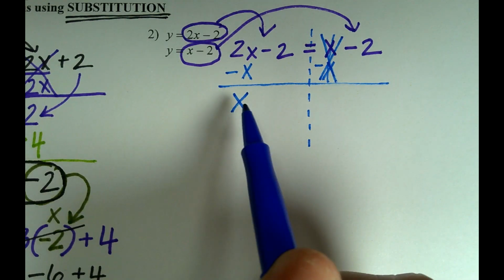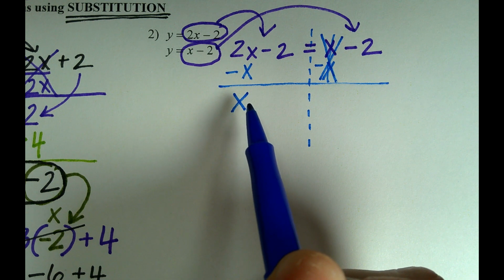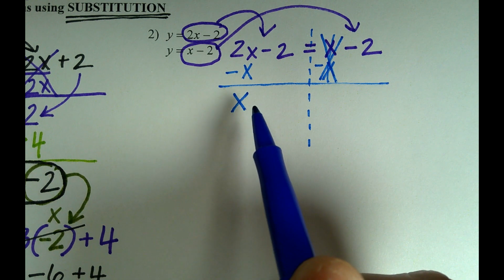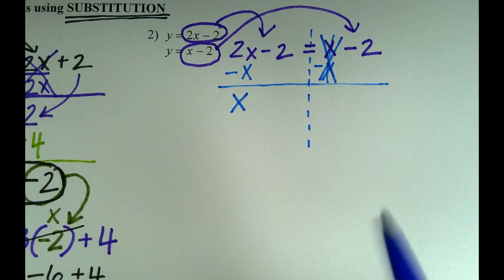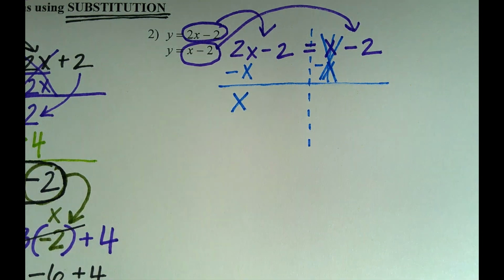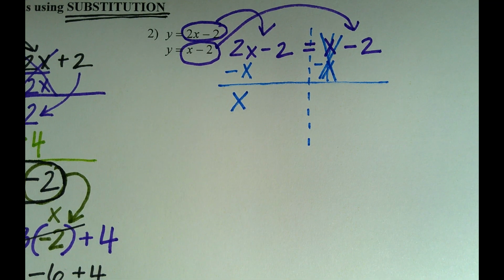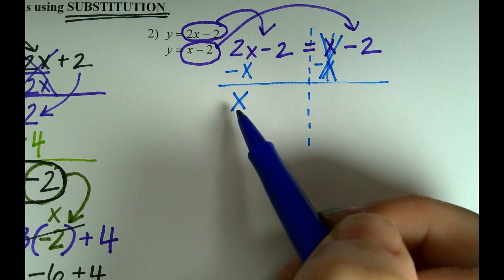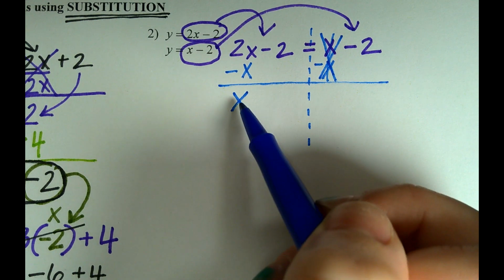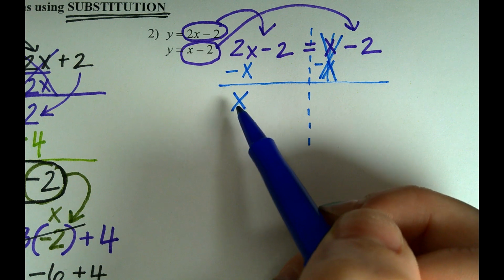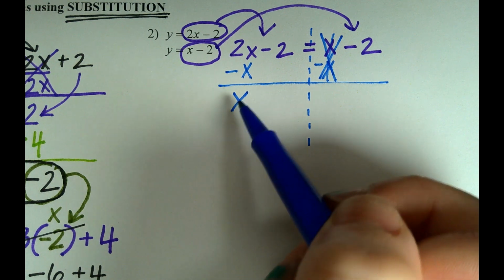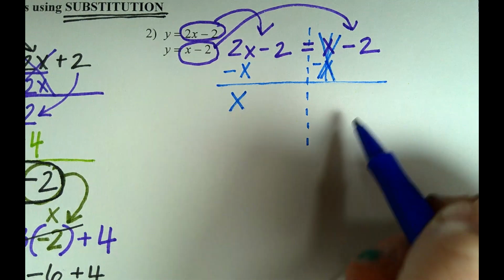Is anybody confused about why I just wrote x and I didn't write 1x? Anytime that there is a variable like x and there's no number in front of it, that number is always assumed to be 1. Because if I'm looking here, I can ask myself, how many x's did I write here? Well, 1. There's only 1. So there's 1x.